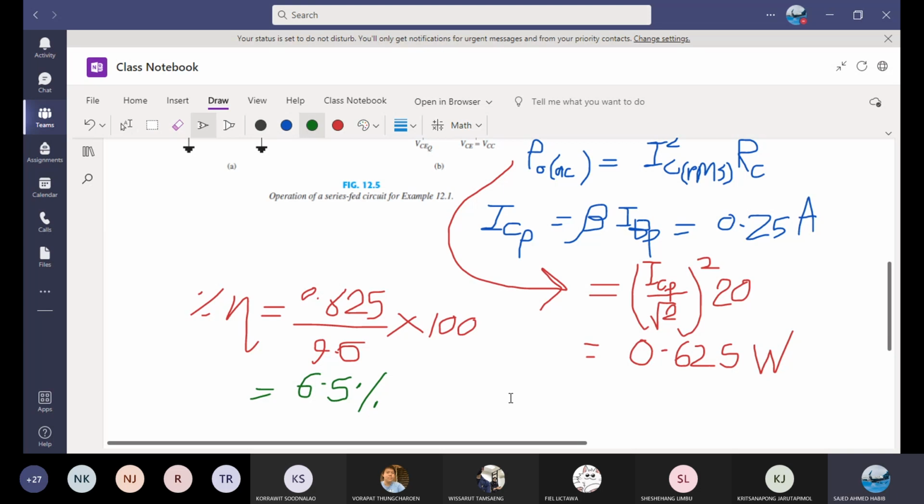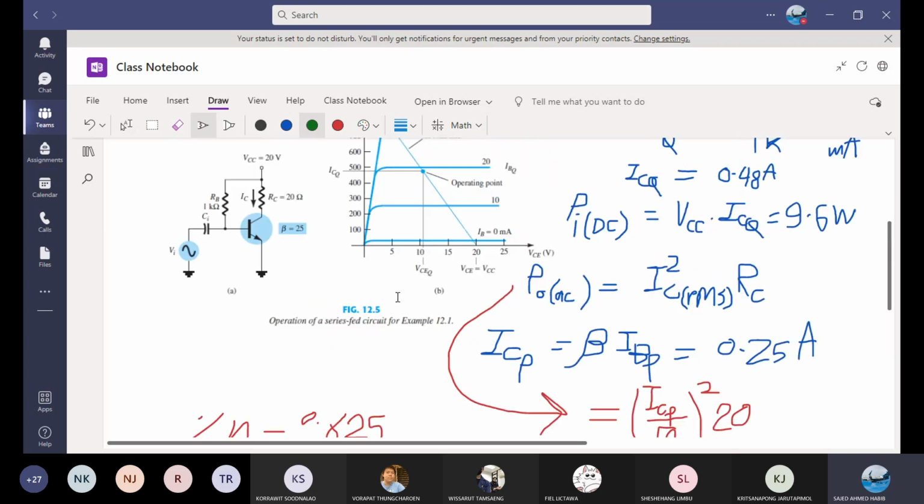By doing the transformer coupling, you can increase the efficiency to some extent, maybe 50% max. We will see that one.